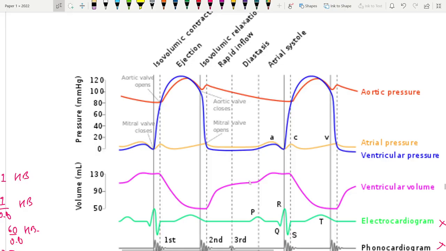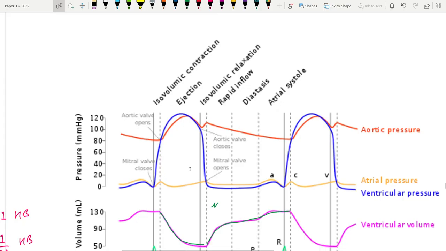Look at the ventricle volume. It's full over here. Then it contracts to let everything go. But then, right after the atria starts contracting, blood enters into the atria and into the ventricle, and it becomes full again over here. And then it contracts again. So see if you understand these stages.